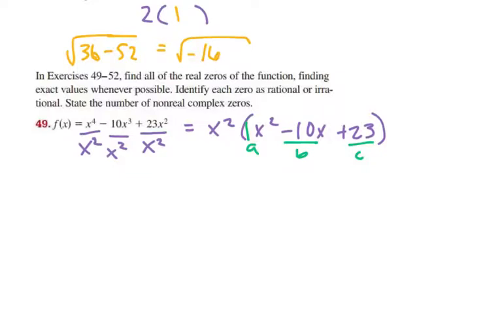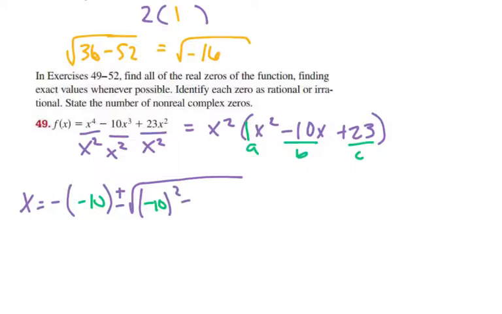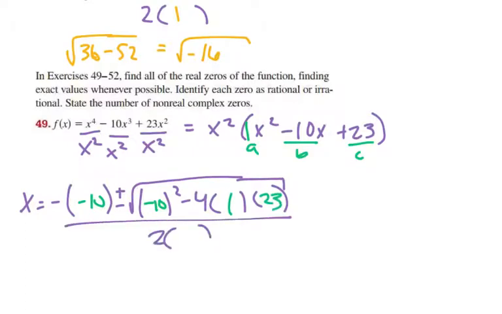That means we're going to have x equals negative b, which is negative negative 10, so positive 10, plus or minus the square root of b squared, so negative 10 squared, minus 4 times a and c. And a is 1 and c is 23, over 2 times a, which is 1 as well.